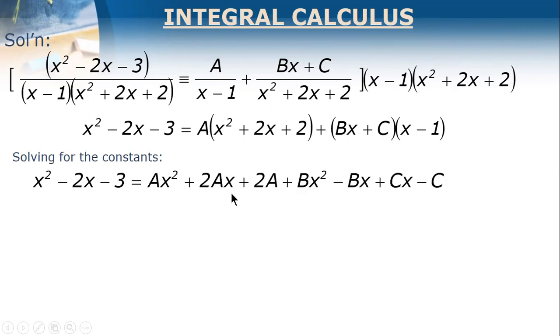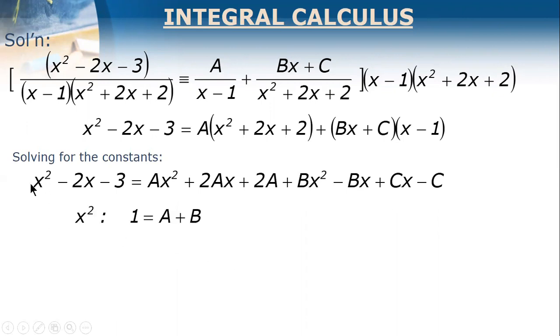So you solve for the constants. You distribute: Ax squared plus 2Ax plus 2A, Bx times x, Bx squared, Bx times negative 1, negative Bx, C times x, you have Cx, C times negative 1, negative C. And then compare the coefficients. The highest power is 2, so we'll start with x squared.